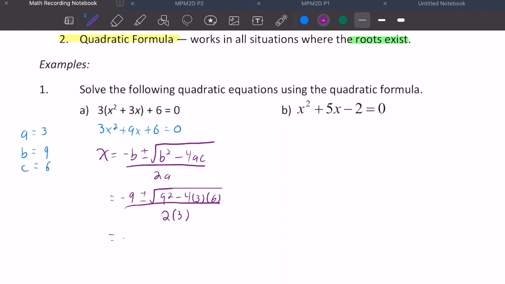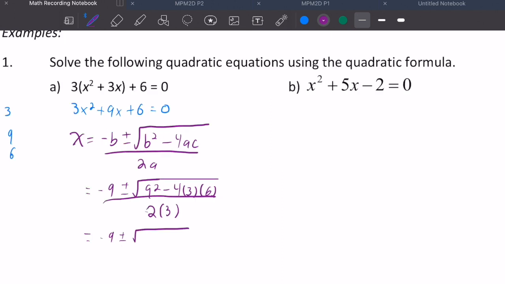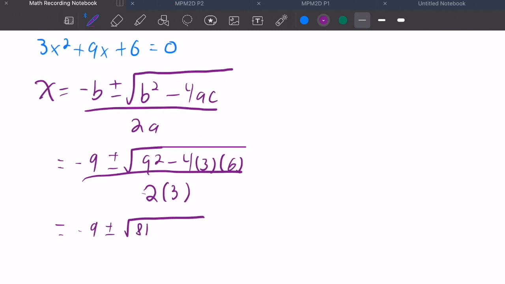So we get negative 9 plus or minus the square root of 81 minus 72, where 72 is what 4 times 3 times 6 equals, all over 6.